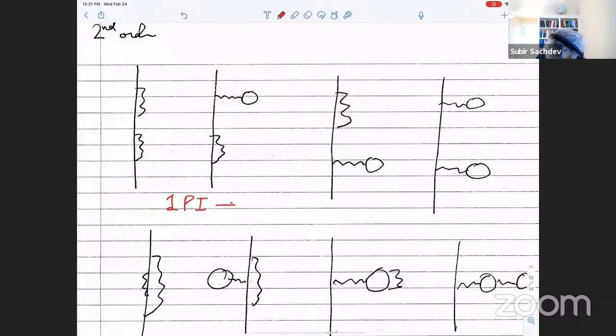One PI is a word you'll often hear. The others are one particle reducible, sorry, they're not one PI, they're one PR. One particle irreducible.